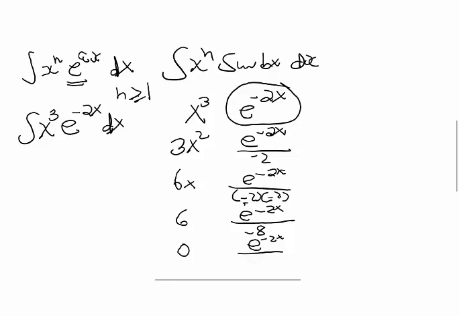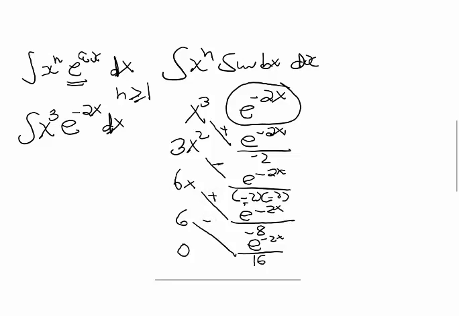So negative 2 times negative 8 will become a 16. So now we would combine them diagonally via multiplication. Our sign pattern will be this: plus, minus, then plus, and then minus.